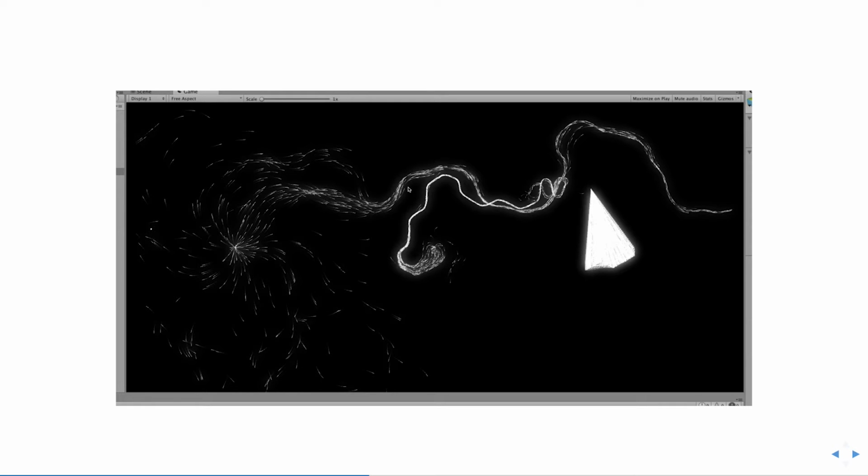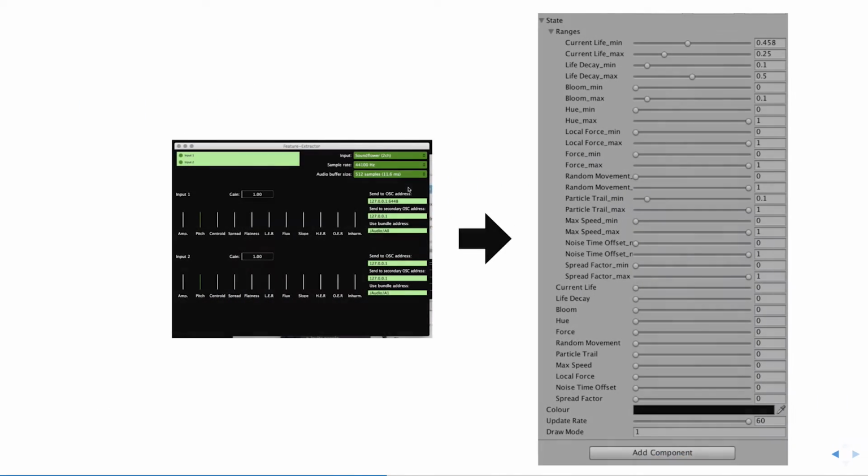We had a really complex system running in Unity where you could make the particles move really fast or move in hexagons, or control their tails, how chaotic they were.